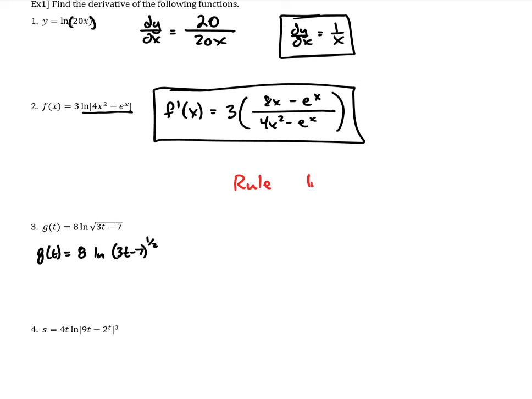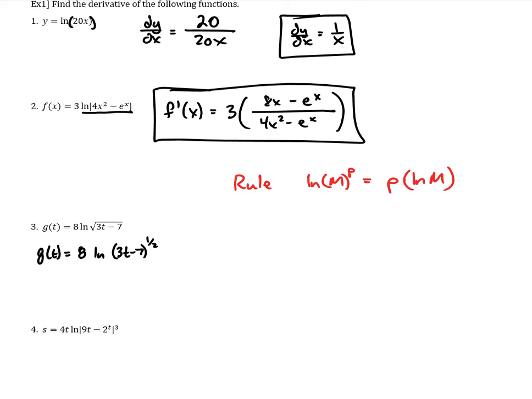Whenever you have the natural log of some expression, I'm just going to use m, raised to a power p, we can rewrite this as p times the natural log of that expression. So this power moves to the front. This is just a rule for logs. This is not a calculus rule. This is just a rule for logs. So that makes this problem a lot easier.